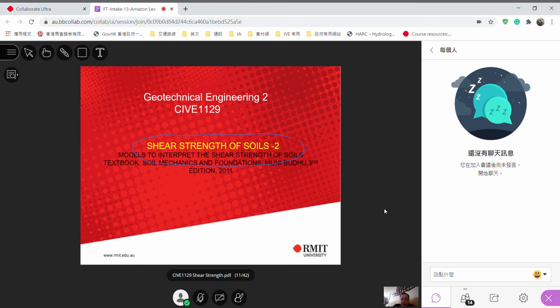So last week we talked about that, and this week we'll continue to discuss the important aspect of the shear strength of the soil. When we design a foundation or a slope, basically any earth structure, we need to know how strong the soil is, how strong our geotechnical material is, which includes the soil and the rock.